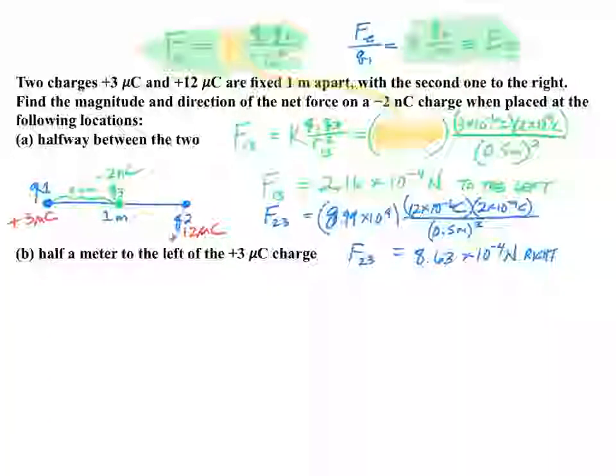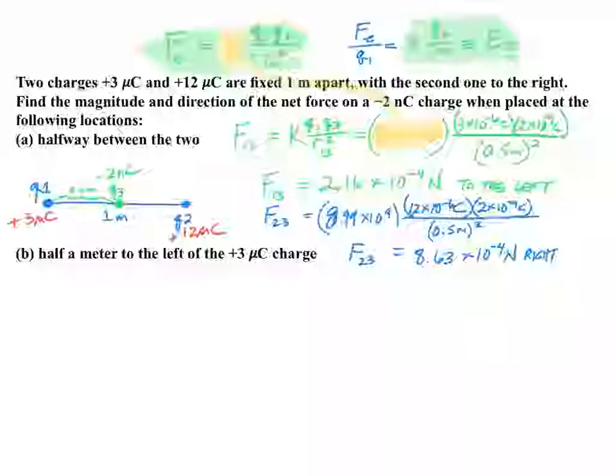Well, the net force is just going to be the difference between the two. So basically, which one's bigger? Obviously, the interaction between the right charge and the middle charge is bigger because the product of the charges is bigger. Okay, so the net effect is going to be to the right, and it's going to be the difference of these two values.